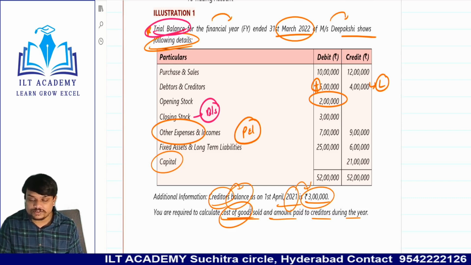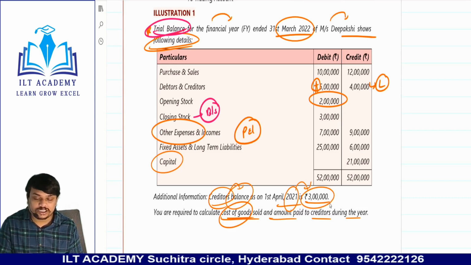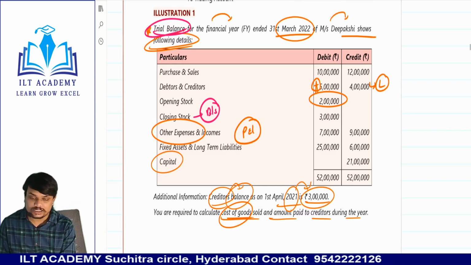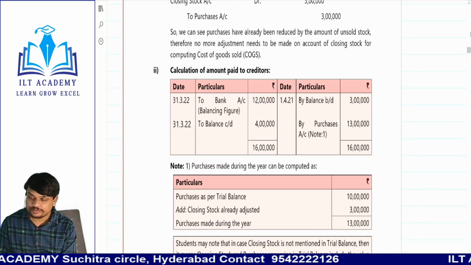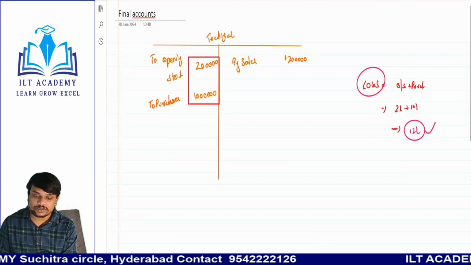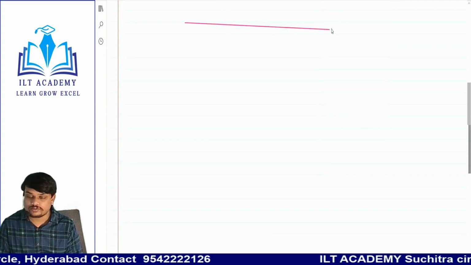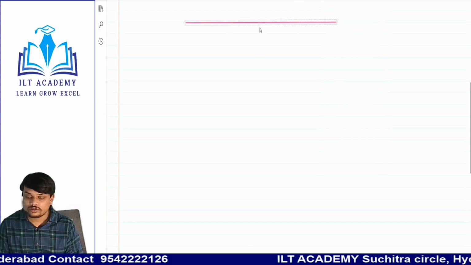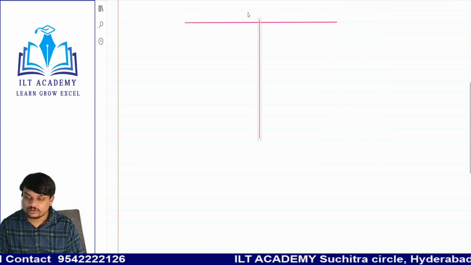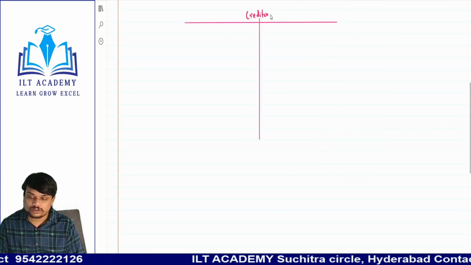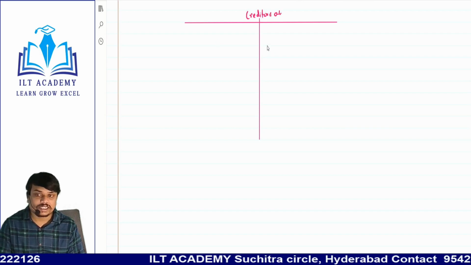Next, additional information: creditors. Creditors balance is how much? 3 lakhs. So let us understand this situation. For this purpose, we will be preparing creditors account. Creditor is a liability.